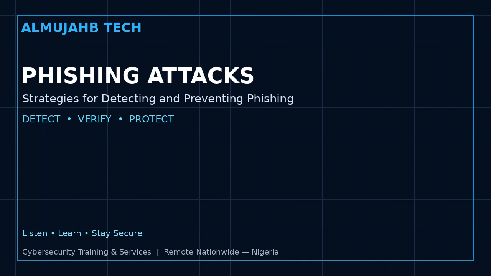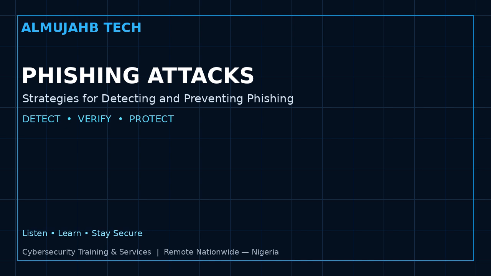They will request a token amount that you can easily afford, or you can call a friend to borrow from them. They might say, for you to claim the prize of 10 million naira, you are just to pay the sum of 50,000 or 100,000, not knowing that this is a phishing attack. So you need to pay attention to urgent requests.